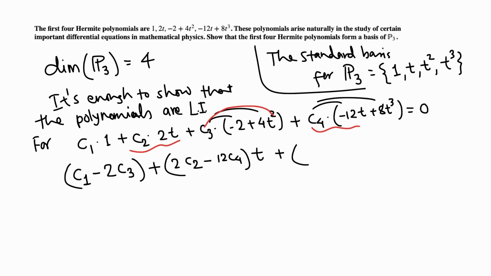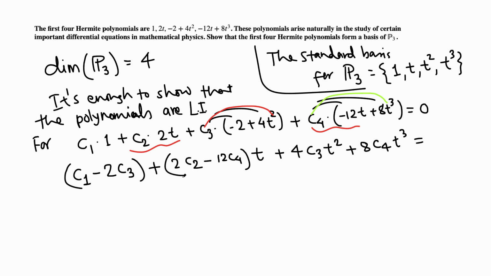So here is 4c3 t squared, and the last is the t cubed term: c4 times 8t cubed, that is plus 8c4 t cubed, equals 0.